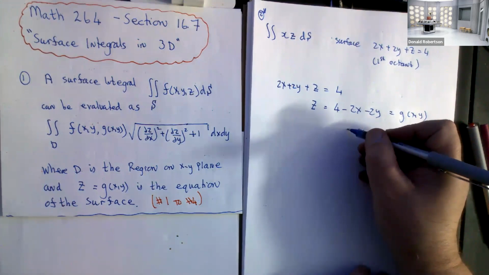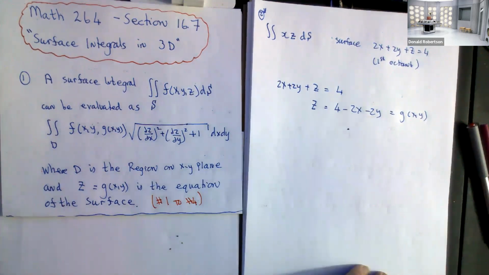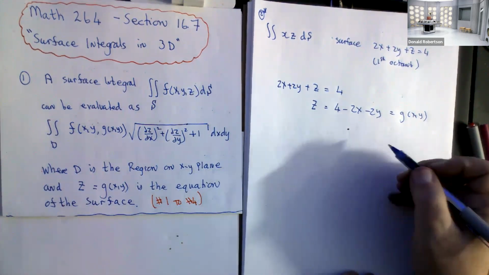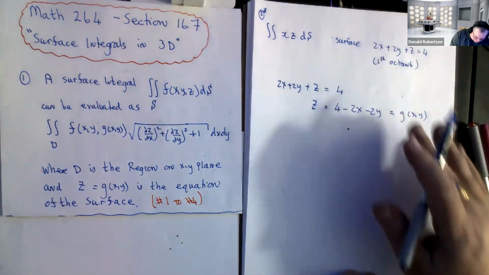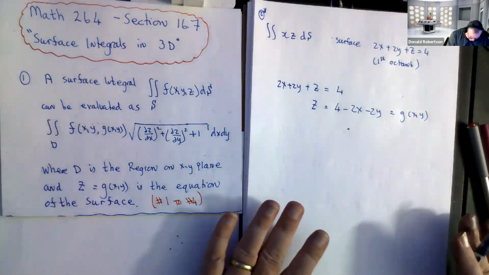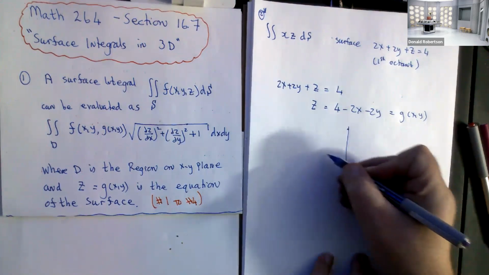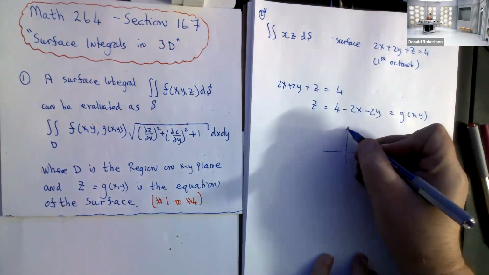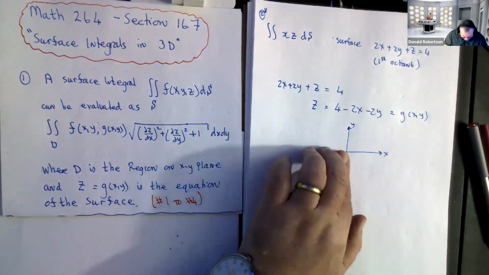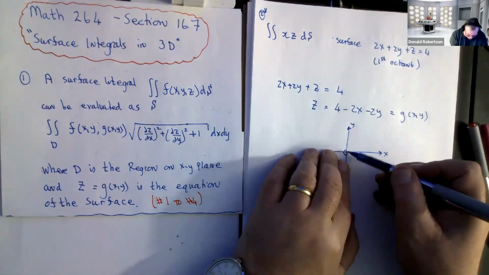trickier, because essentially what we're interested in this question at least, is what does that thing look like as it projects onto the ground. So since I'm in the first octant, I only need to worry about positive x and y's.